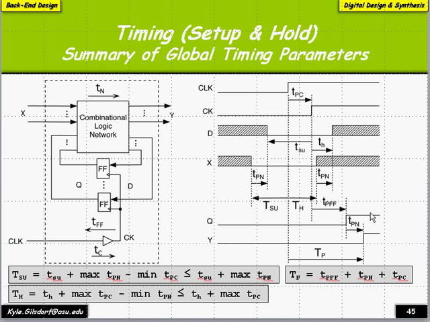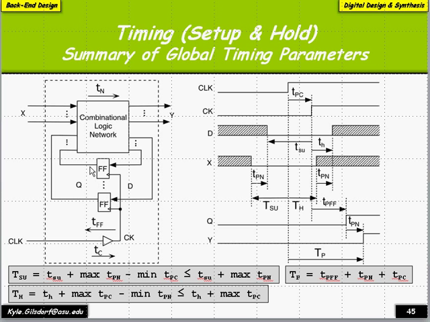The setup is based on the intrinsic setup of the flip-flop plus the maximum delay of our combinational logic network minus the propagation delay of the clock.